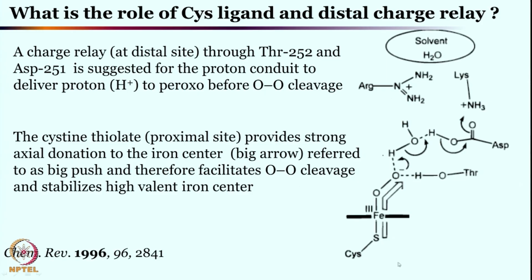So this iron(III) peroxo intermediate is getting protonated with the help of this proton conduit. This charge relay through threonine 252 and aspartate 251 is suggested for the proton conduit to deliver proton to peroxo before oxygen cleavage.